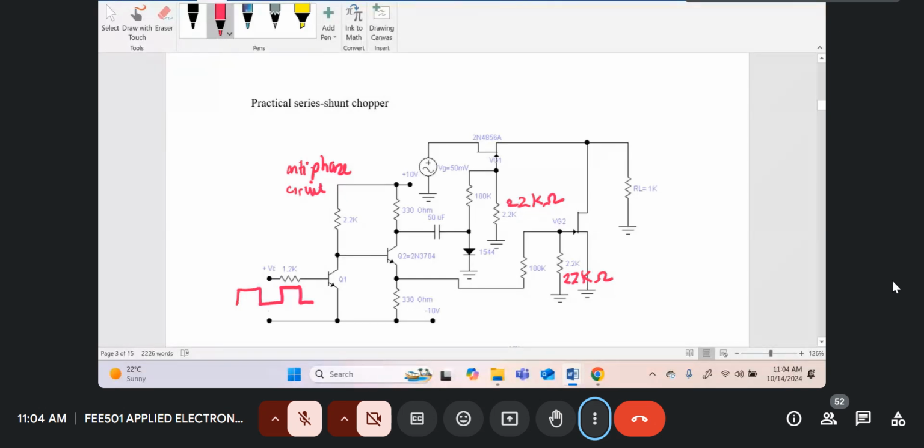So this is your VC of T, your control voltage. The 1.2K is for protection of the base emitter junction of the transistor.